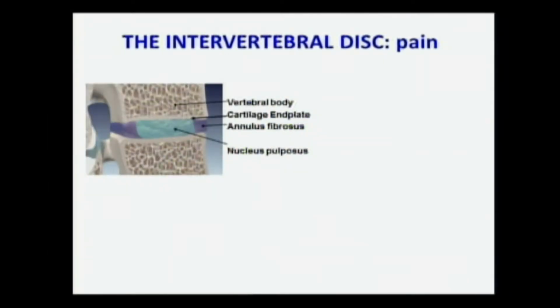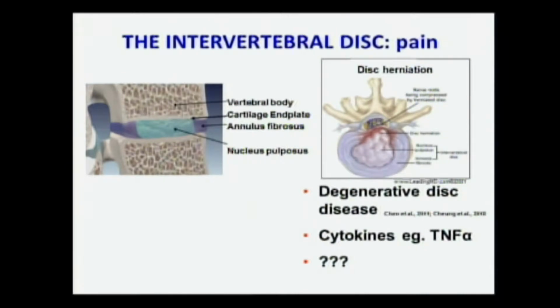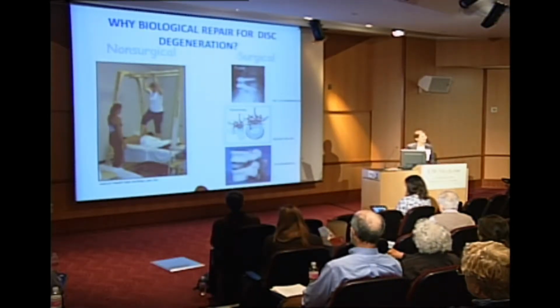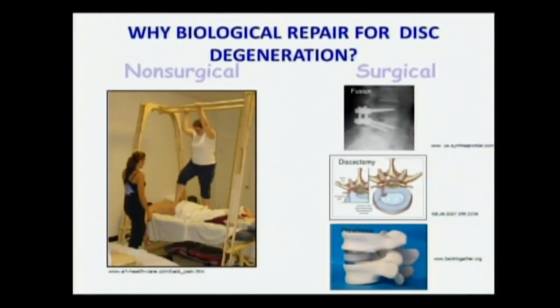We don't understand its biology fully, and we don't understand fully why it undergoes this degeneration and why certain individuals develop chronic pain. So it's really not surprising with that background that we've developed a number of treatments, all of which seem to have some degree of limitation. If we really don't understand the mechanisms, it's not really that surprising.